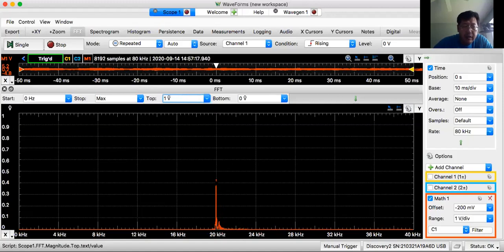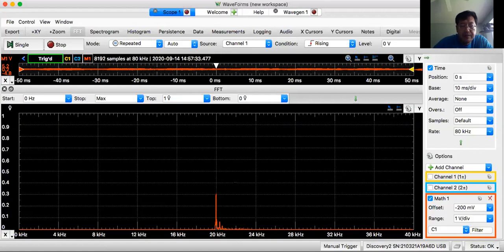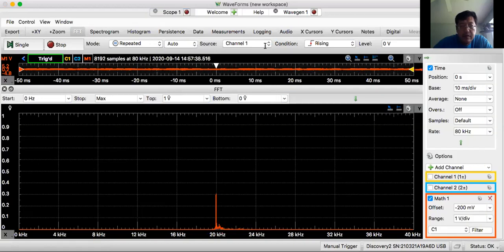Notice the carrier is still there, so this filter is not very good. So we will redesign the filter. Maybe change it to 2. Yeah, a little bit better. We are already at the maximum order. Between Chebyshev and Butterworth, Chebyshev works a little sharper. So we keep the filter type at 16th order because that's the maximum order my computer can realize.